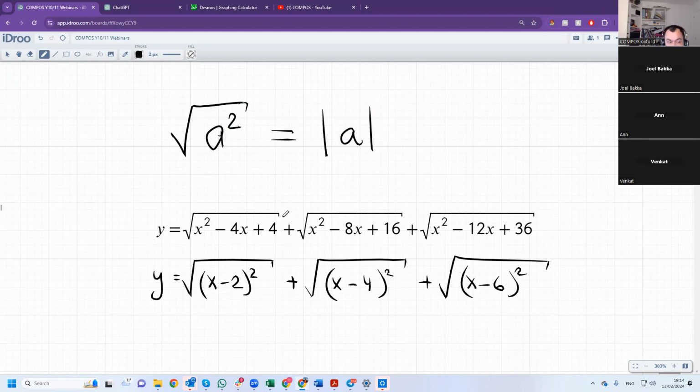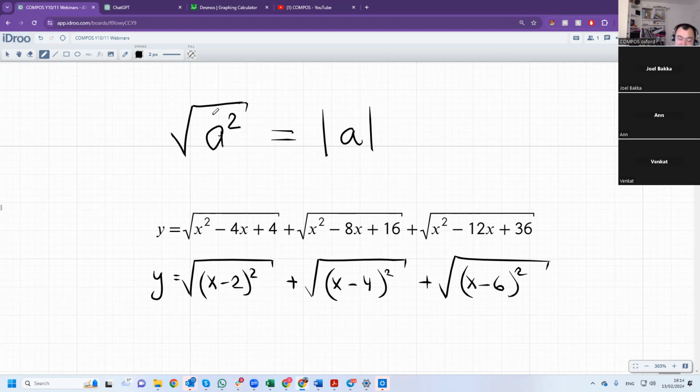If you think about it, it has to be true. Because you are not allowed negative numbers under the square root, but because you're squaring it, you don't care about the minus.